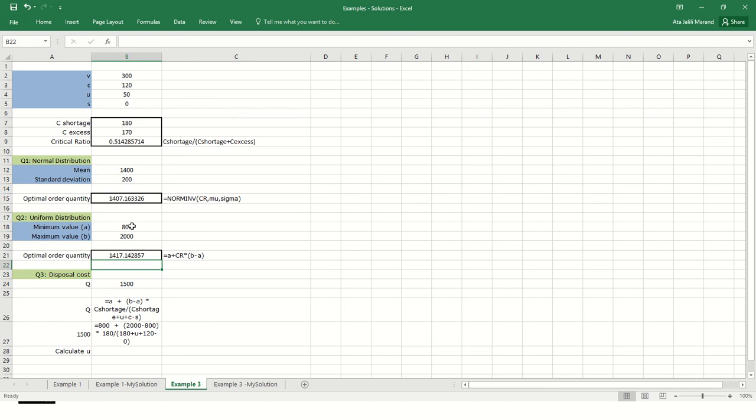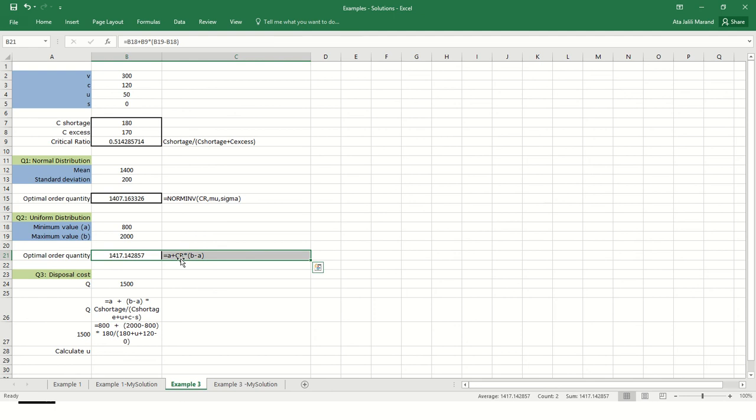Then in the third part of the assignment, we need to calculate a disposal cost that will make an order quantity of 1500 optimal. To this end, we need to solve this equation. We know this Q, just like what we did here.